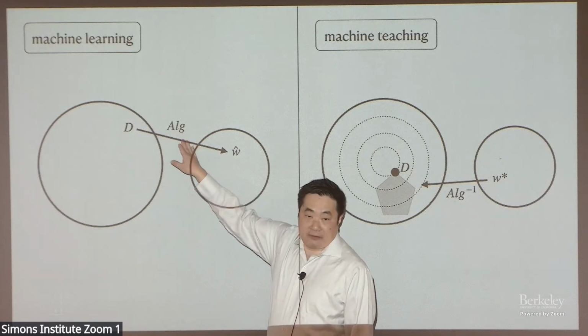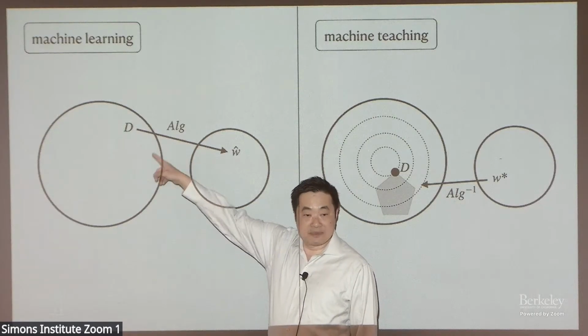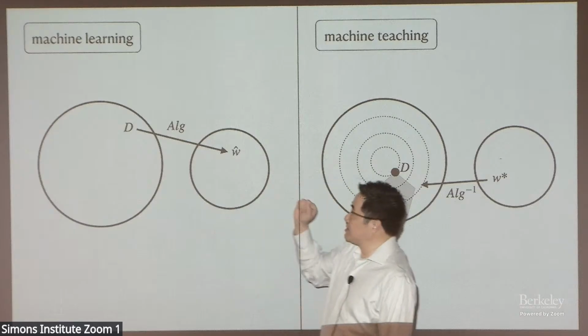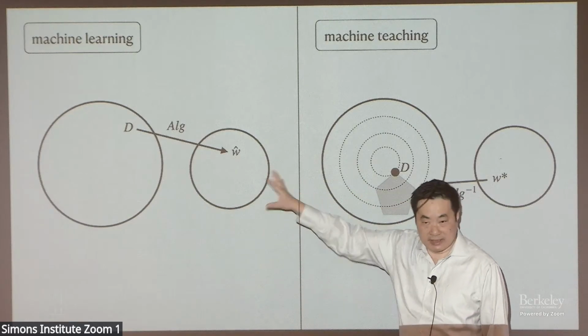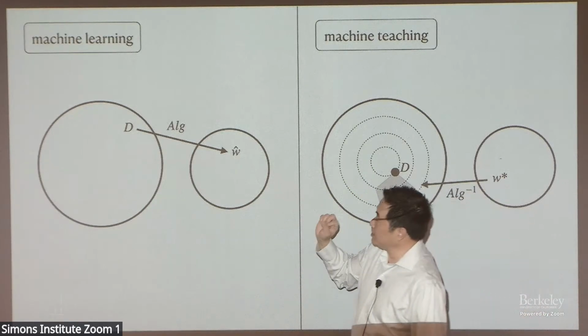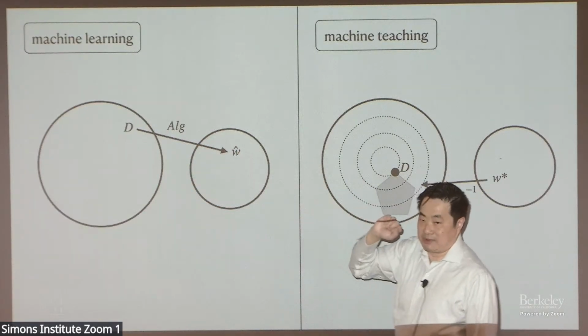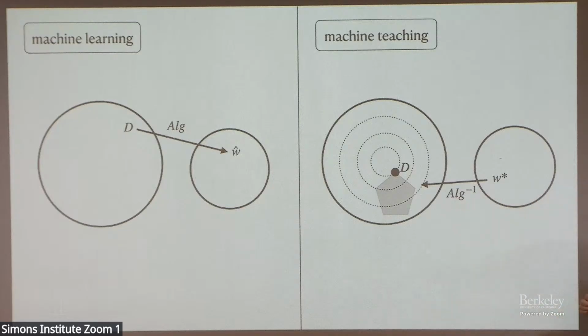We view this algorithm as a function that maps a training set to a learned model. If you feed it D, it's going to get some w hat model. That's machine learning, and we want to design good algorithms so that this estimate is close to the true w star in some statistical sense.